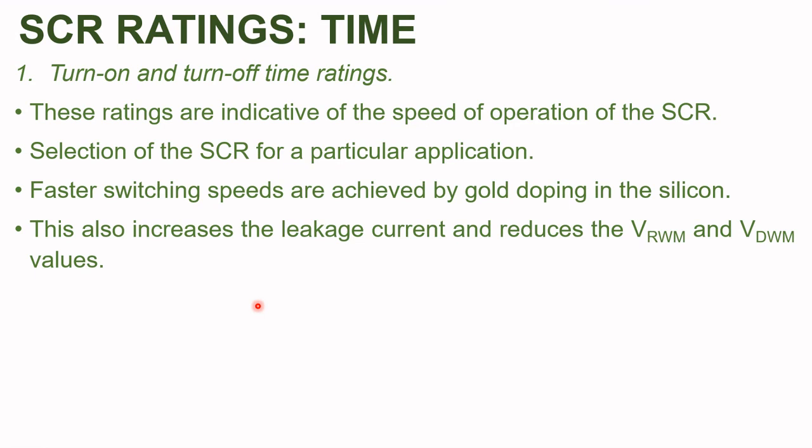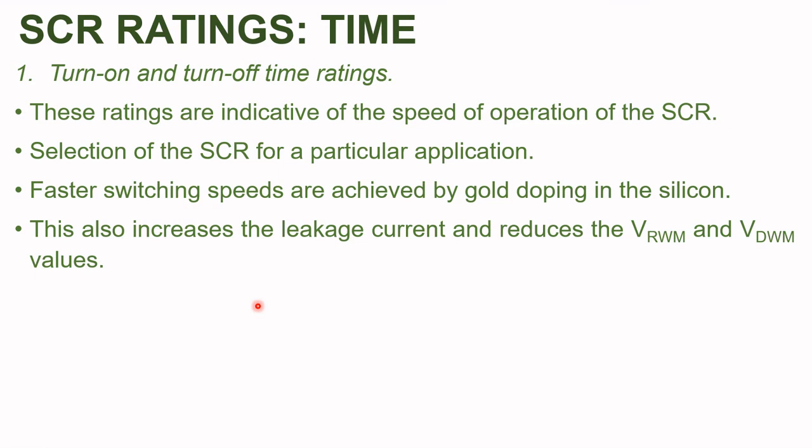We have already seen in our video of dynamic characteristics that based on the operating times, SCRs are mainly categorized into two types, that is converter grade SCR and the inverter grade SCR. Inverter grade SCRs are faster as compared to that of converter grade SCR, but at the same time the cost of the inverter grade SCR is higher than that of the converter grade SCR.